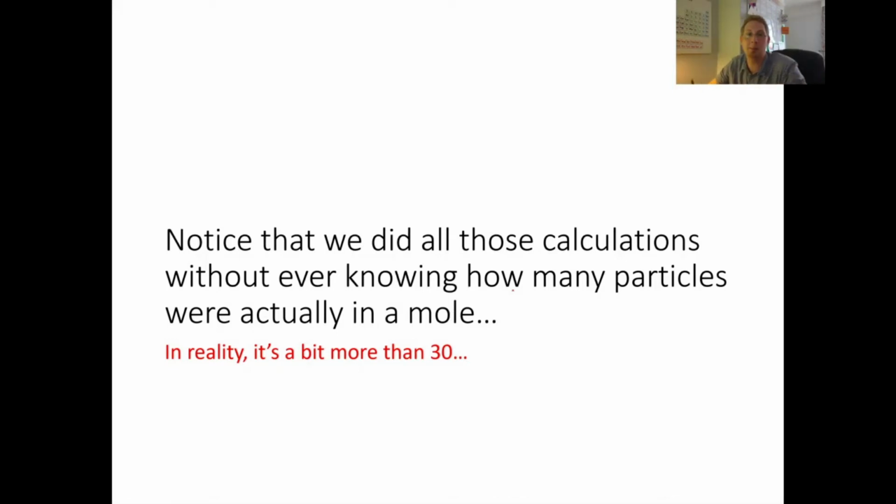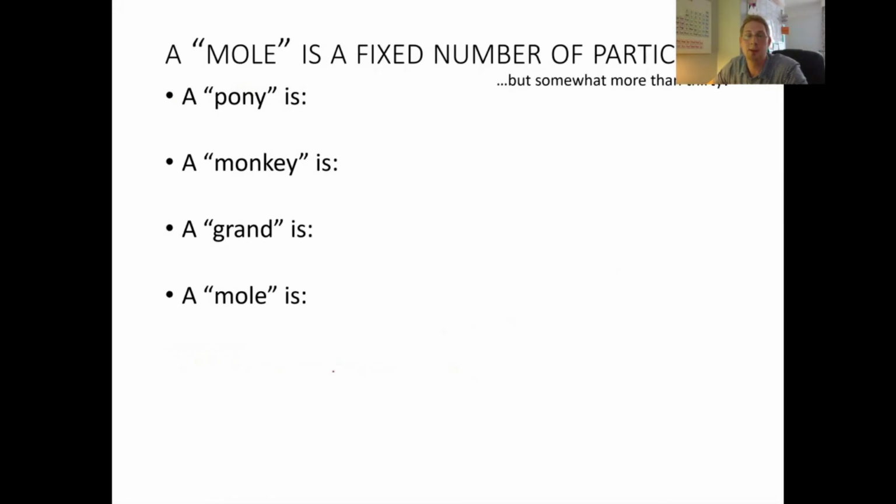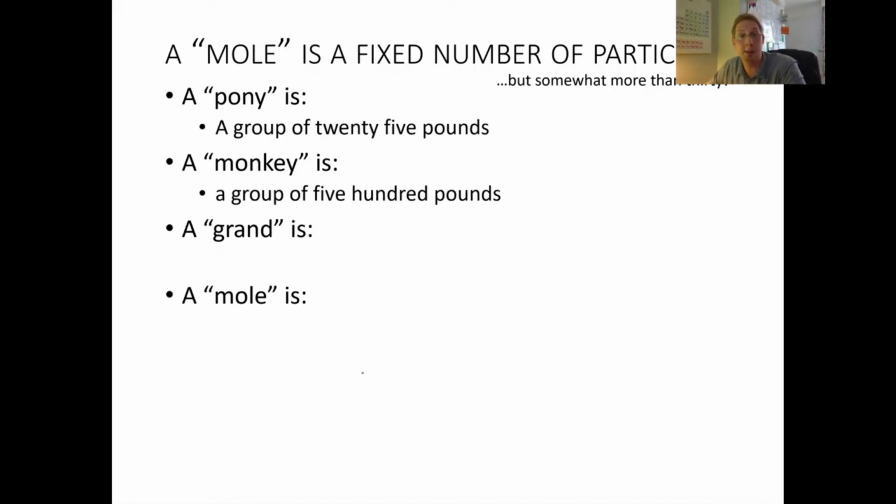In my fake mole, there were 30 particles, but in reality, there are quite a few more than 30 holes in a mole. If you know your Only Fools and Horses, stick a pony in my pocket. Well, a pony is £25. A monkey is £500, a grand is £1,000, and that's because when working with large numbers, it might be easier to talk about 2 monkeys or 3 ponies.